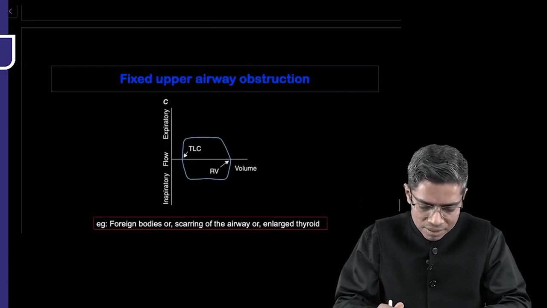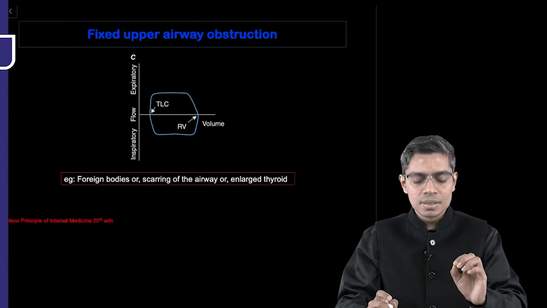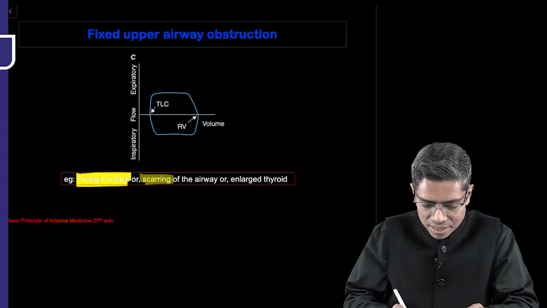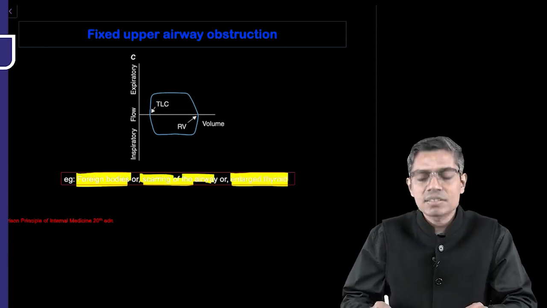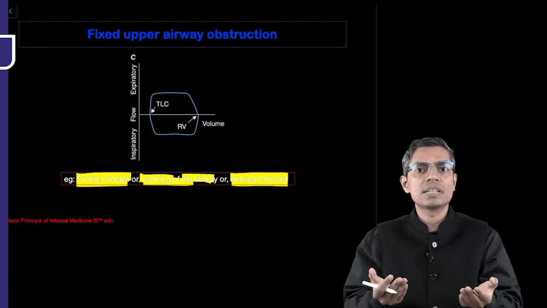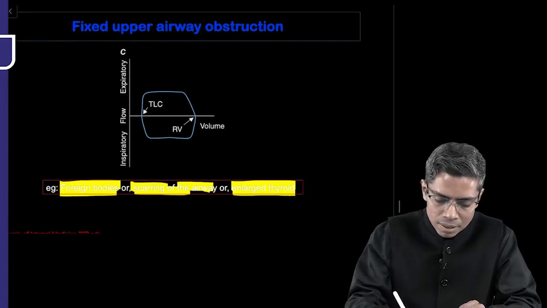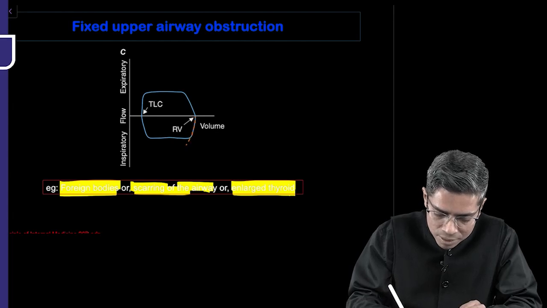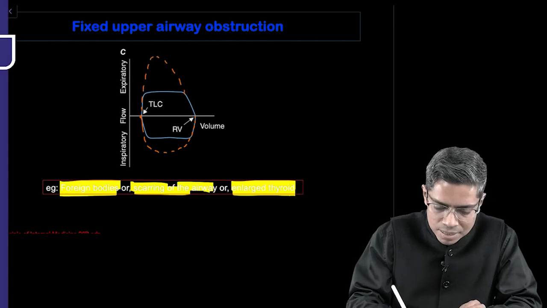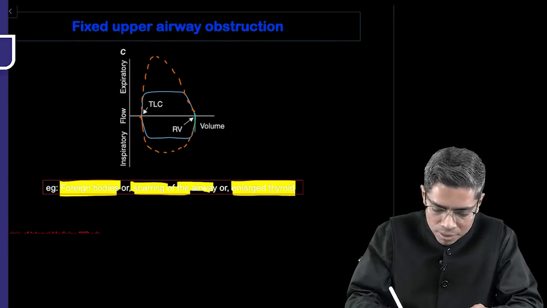Now we look at the fixed upper airways obstruction. The example is foreign body in the trachea, scarring of the airways, or enlarged thyroid gland. Obviously, I can understand it is going to affect my inspiration as well as expiration. So if I plot a flow volume curve, rather than the smooth appearance of inspiration and the smooth appearance of expiration, what you are getting is a box shaped curve.